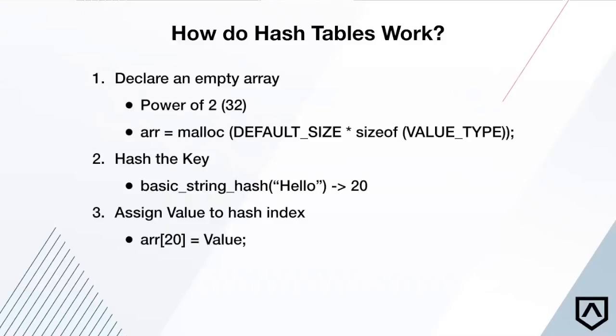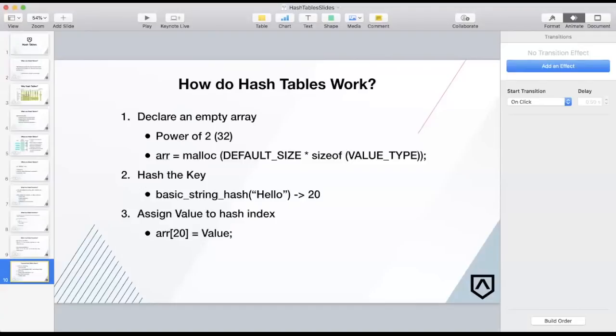And then to find out where we're going to store it, we hash the key, which if we're hashing with our basic string hash, hello, will give us 20. And then we store our value, which let's say is 1,224. And we're going to put that in slot 20 in our array. And that's about it. That's hash tables.